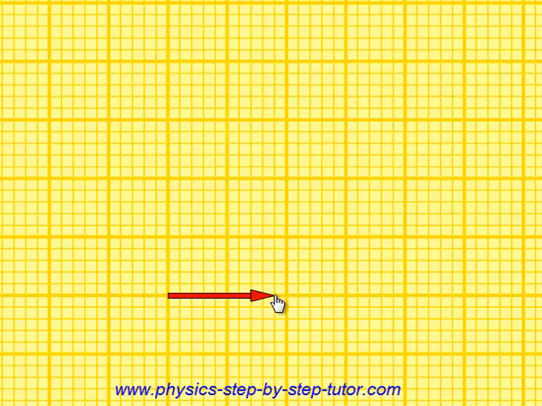So there is a force acting on it like that of about, we can say this one large box is 1 newton. So 1, 2, 3, 4. 4 newtons to the right. And then we have another force acting on it 90 degrees to this one of 3 newtons, like that.